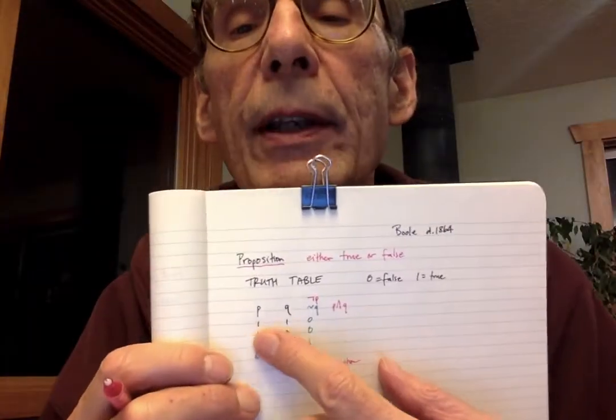Now, P and Q is true if both P and Q are true. If either one of them is false, then that's not the case. And so the truth table in the standard way of writing it is the only place where both P and Q are 1 is in the first line, and everything else is 0.